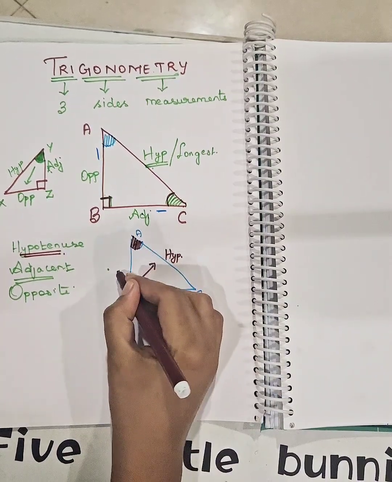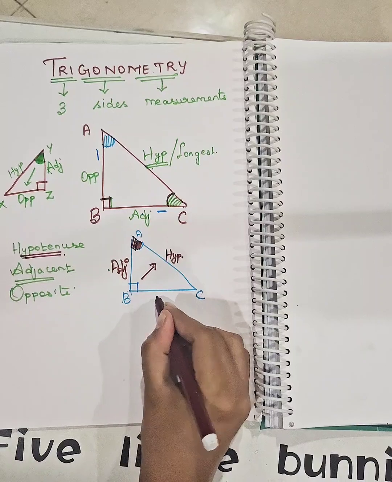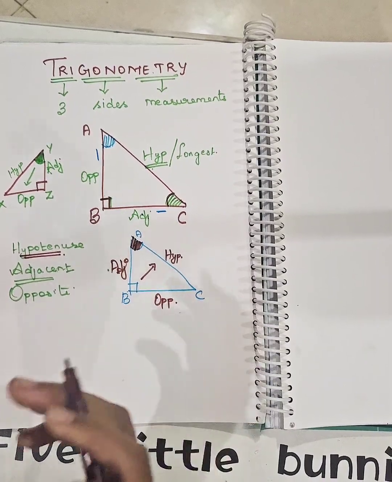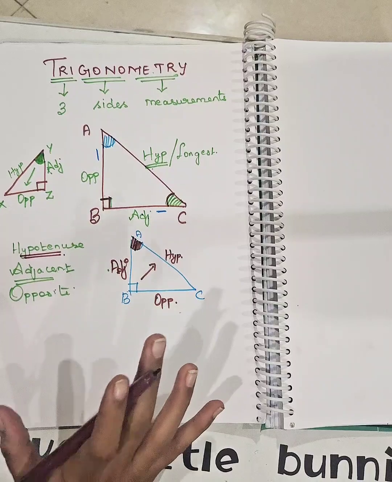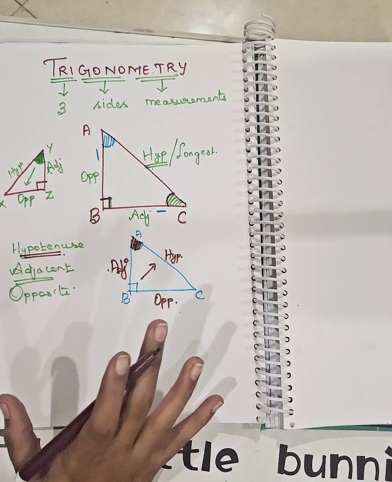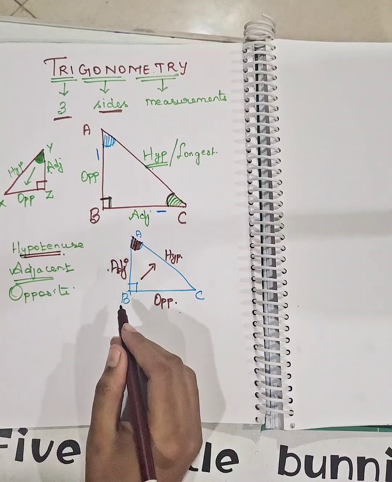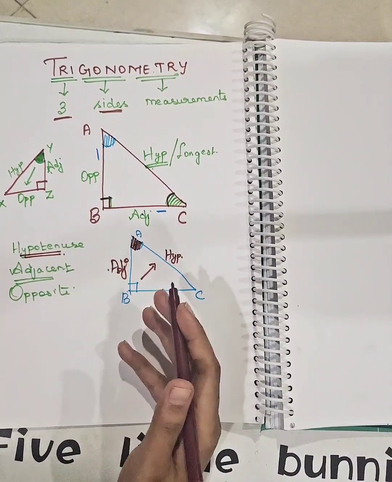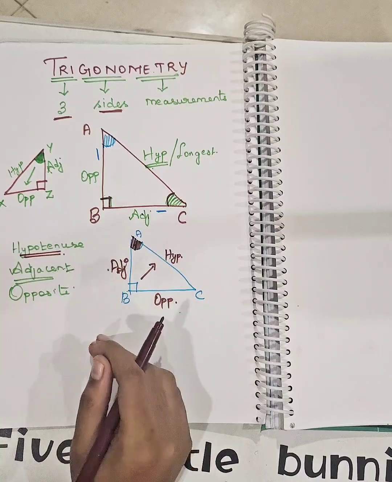Adjacent, next to angle A. Opposite, opposite to angle A. Hope you can understand, students. This is the very basic concept of trigonometry, understanding the three-sided figure of the trigonometric picture.